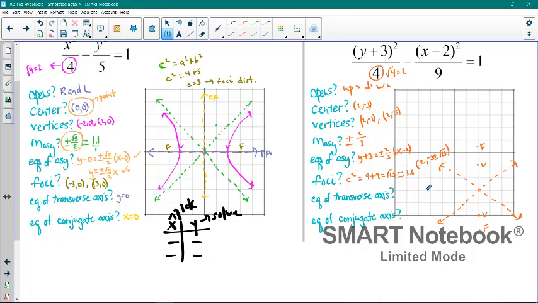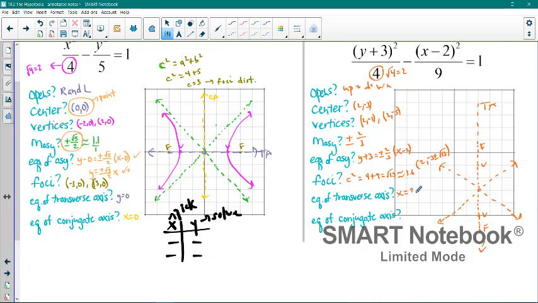Equation of the transverse axis. My transverse axis is passing through my focus, my vertex, my center, all the way down. There's my transverse axis. And it is going to have an equation. It's vertical, so it's going to be x equals, and it's passing right through 2.